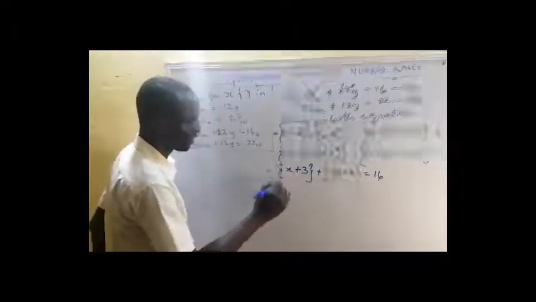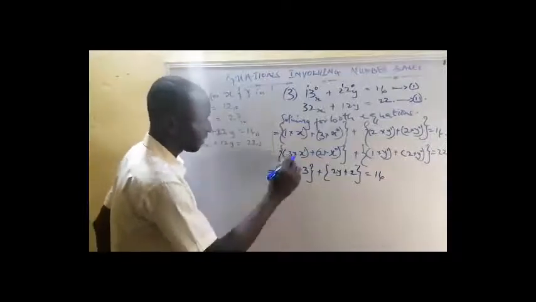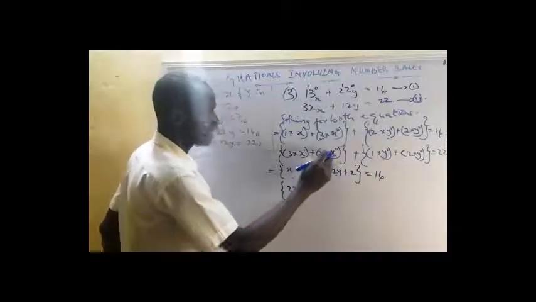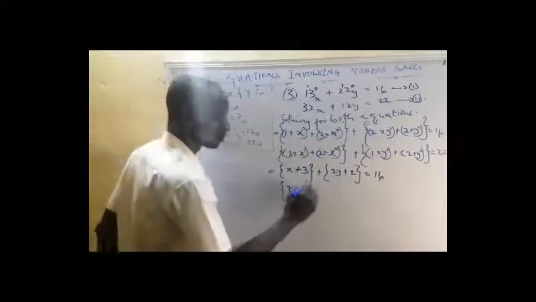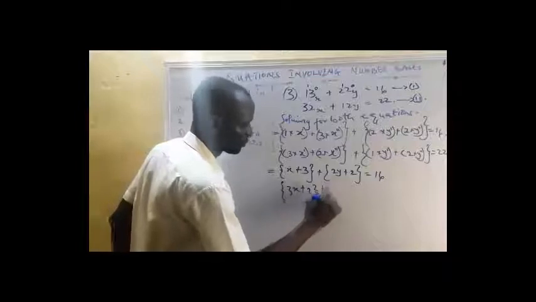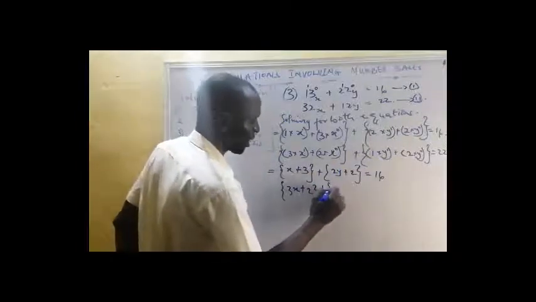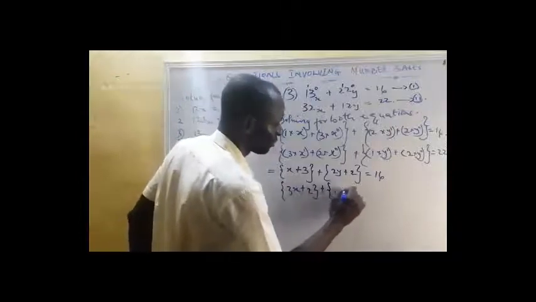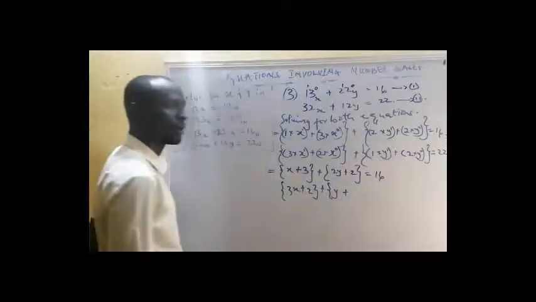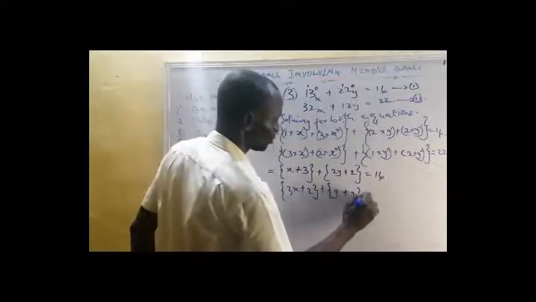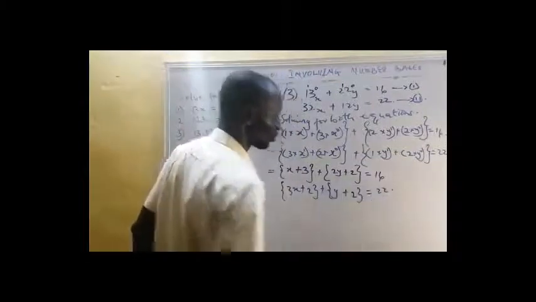3, the second equation below. 3 times x raised to power 1, that's 3x, plus x raised to power 0, that's 1, times 2, that's 2, plus 1 times y raised to power 1, that's y, plus 2 times y raised to power 0, that's 1, times 2, that's 2, is equal to 22.